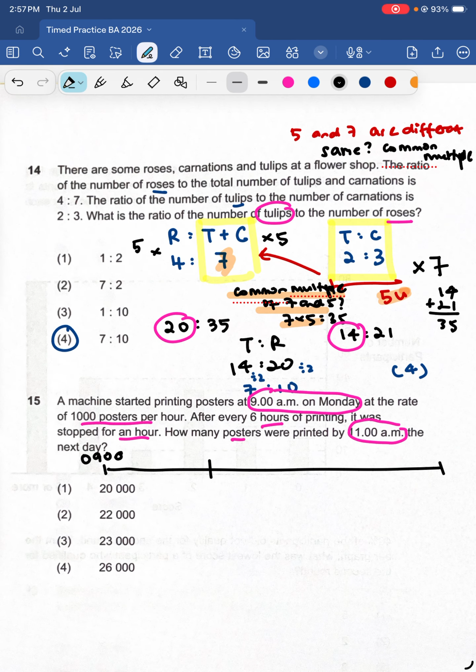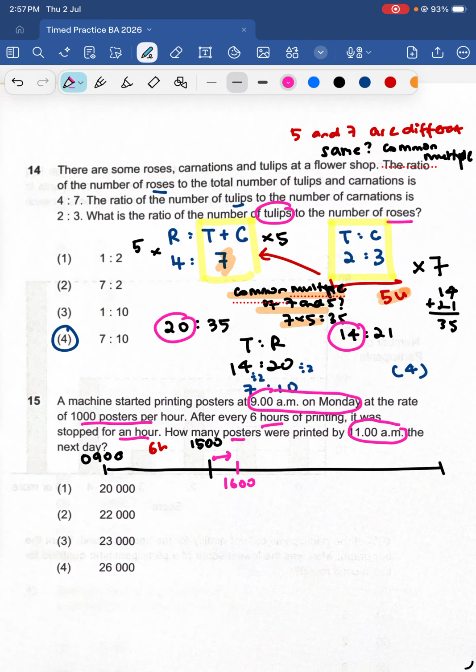So let's count. 9 a.m., 6 hours later: 10, 11, 12, 13, 14, 15. So 6 hours later, it will be 1500 hours. Take note that there is a 1 hour break and they will restart again at 1600 hours.